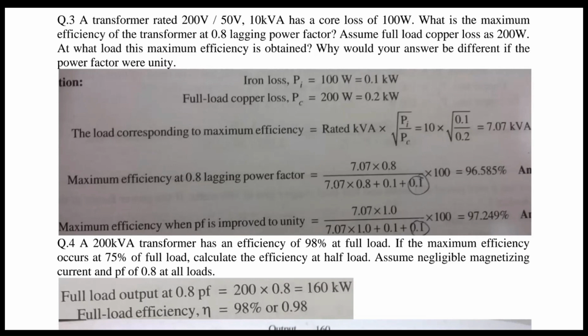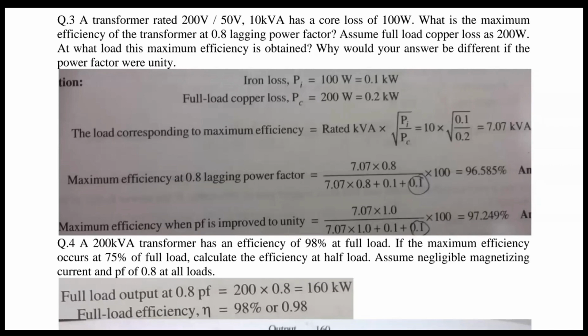So this is the formula to calculate the load corresponding to maximum efficiency. These values are substituted here: 0.1 and 0.2, to get the answer as 7.07 kVA.